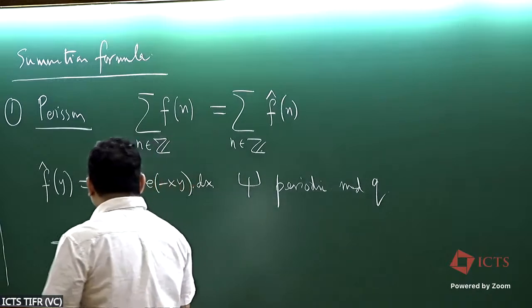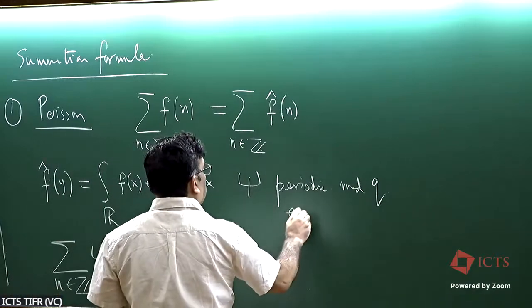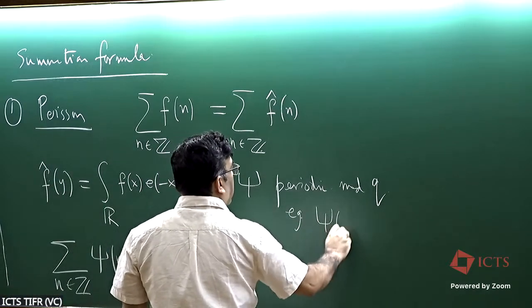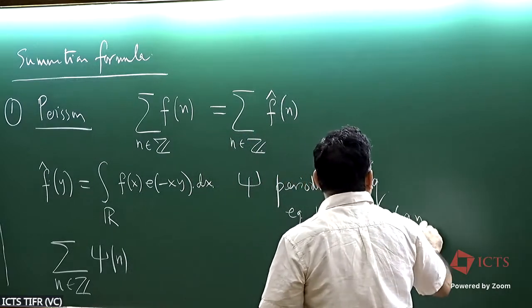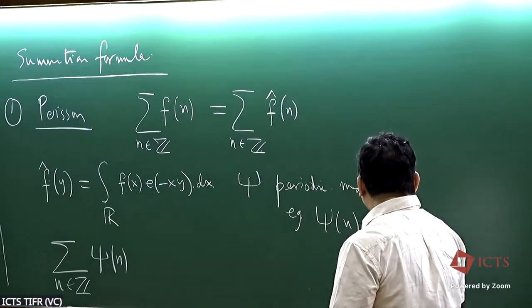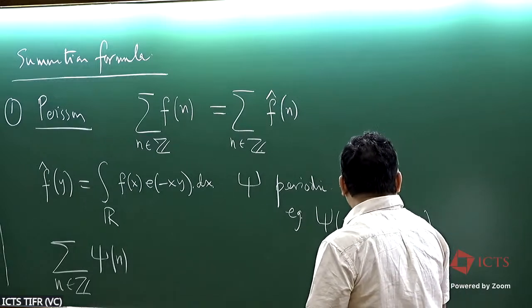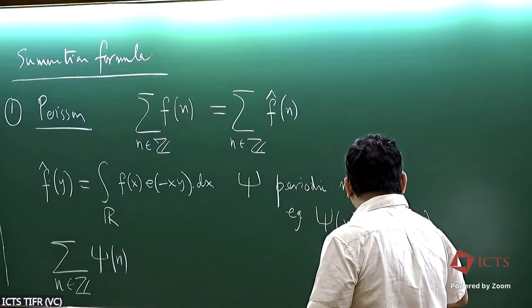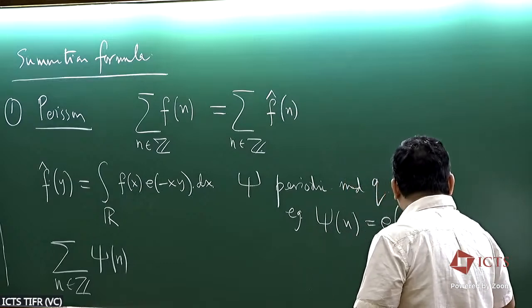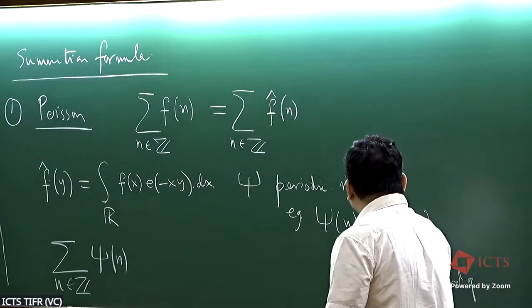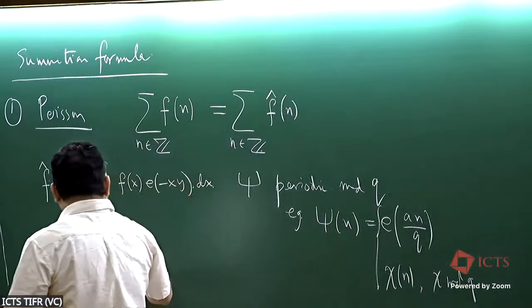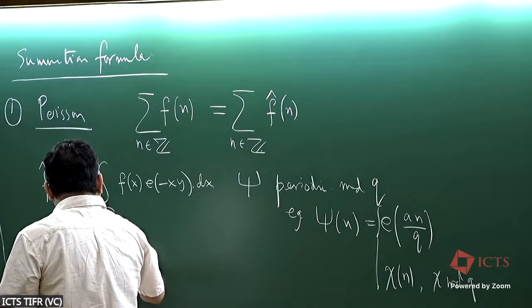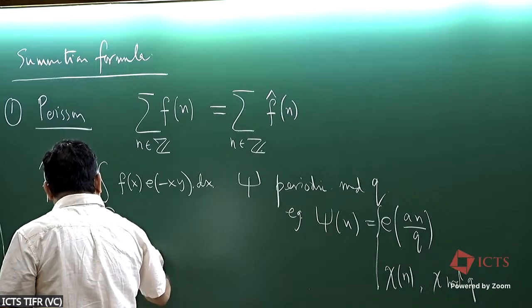And then psi(n) can be, for example, e(an/q), or it can be like chi(n), where chi is modulo q. Okay, these are examples. And then you have a weight function over here. So at the start, let's write it as capital F(n).